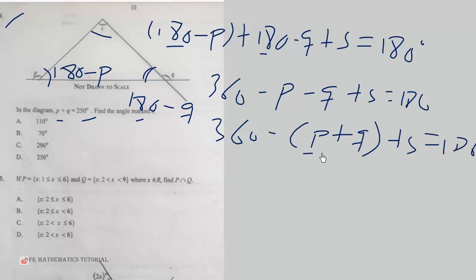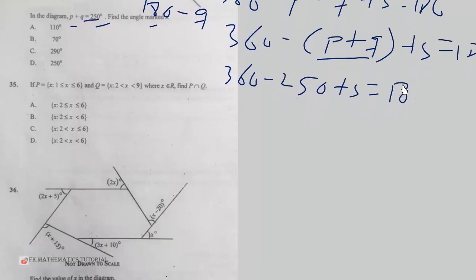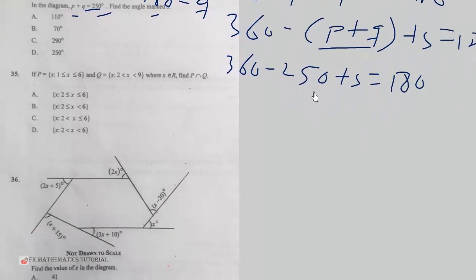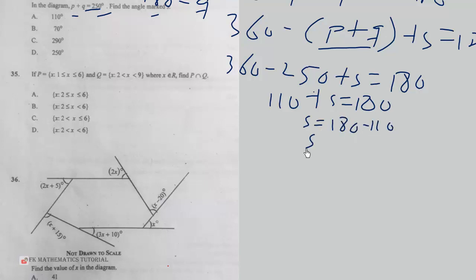So whatever I see P plus Q, I can put 250. So 360 minus 250 plus S is equal to 180. So 360 minus 250 is 110 plus S equal 180. So S will be equal to 180 minus 110. S will be equal to 70 degrees. So the correct answer is B.